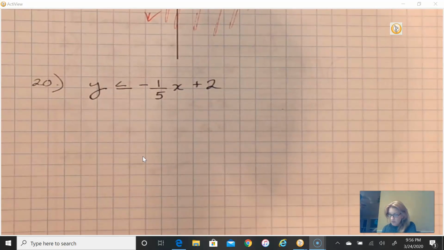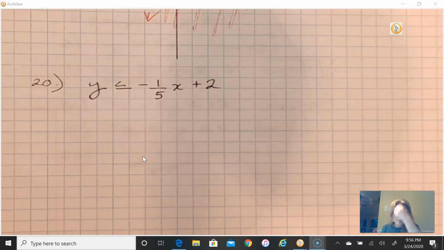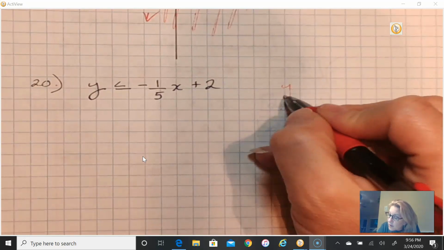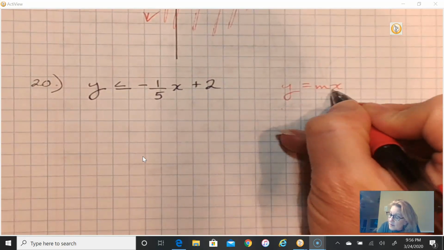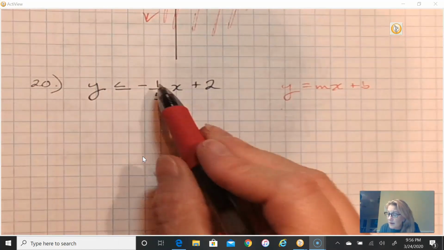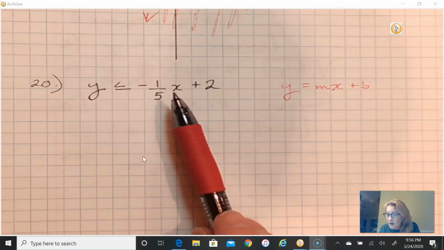So the first question, is this in that y equals mx plus b format? Remember, this is what we did yesterday. Is this in that format? Now, granted, this is an equal sign and that's an inequality.